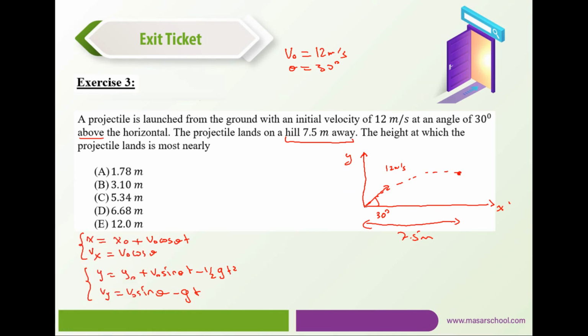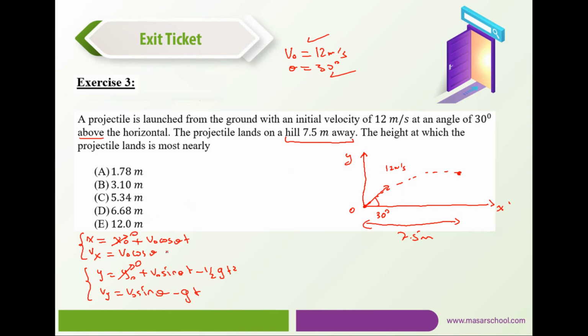Now let's suppose that the launching point coincides with the origin. Then this is 0 and this is 0. What do we have here? We have the initial speed, we have the launching angle, and we have the horizontal distance.